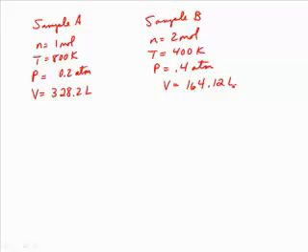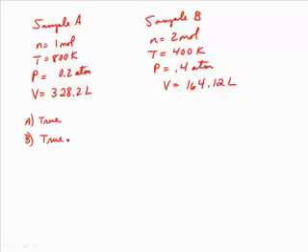And then, so the volume of sample A is twice the volume of sample B. Yes, that would be correct. So A is true. Okay. Let's keep going because the question might have been which one is false. I don't know how this thing is keyed. So the average kinetic energy of the molecules in sample A is twice the average kinetic energy of the molecules in sample B. That would be true because the temperature in A, the Kelvin temperature, is twice as high.